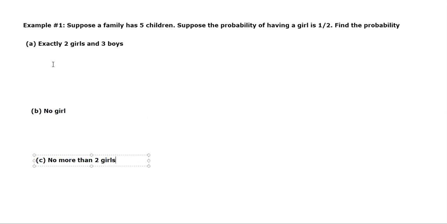So in here, let's start. We said the family has 5 children, so the experiment is set, n is equal to 5. For each trial, you have 2 outcomes, a girl or a boy. You can define either one, it doesn't matter.